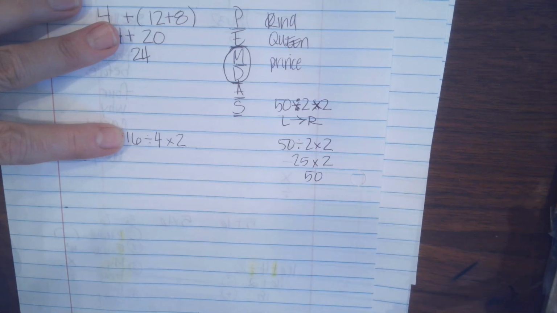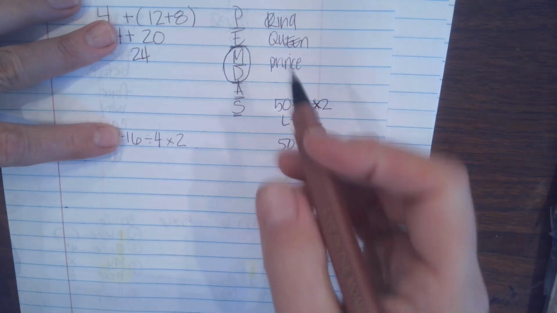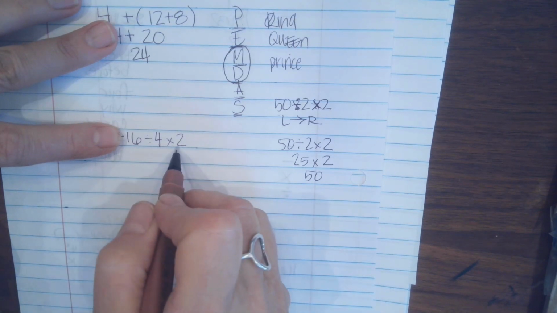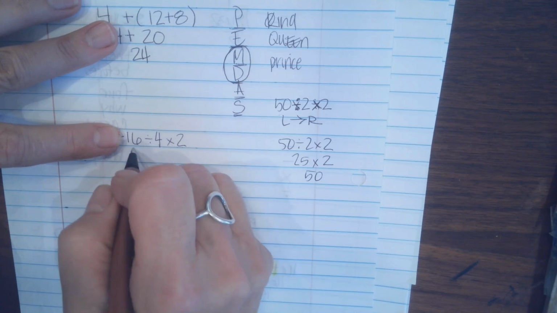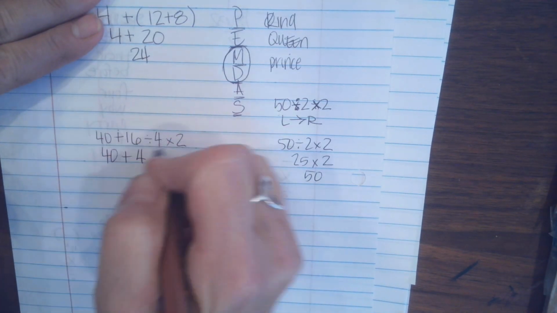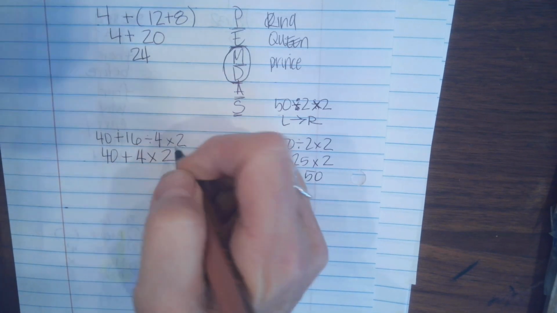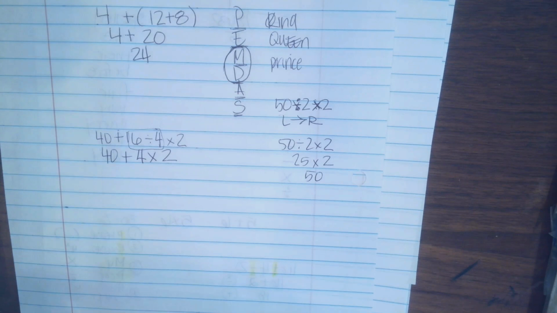Because if you use 16 divided by 4, you can get another number to do times 2. So that's not why we do it. You are right. We divide first because we go left to right. This is the first thing first. So 16 divided by 4. So we're going to say 40 plus 4 times 2. So we did this part right here, and that was 4.